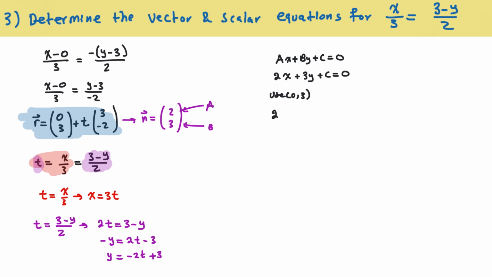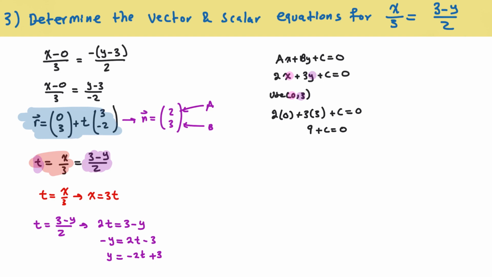So we're going to have 2 times the x value, which is 0, and we're going to use the y value of 3, so 2 times 0 plus 3 times 3 plus c is equal to 0. 2 times 0 is 0, 3 times 3 is 9, plus c is equal to 0.